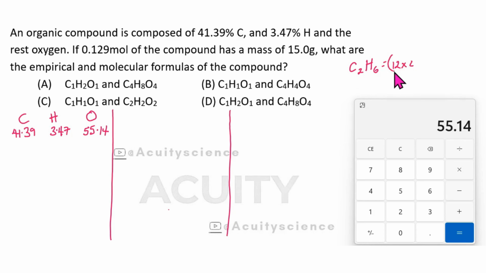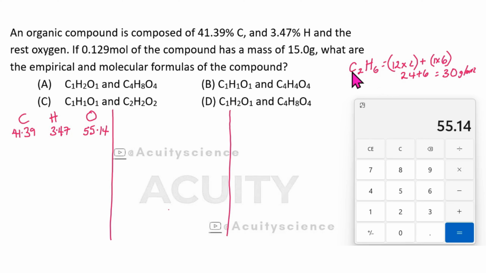Then you add that to the atomic mass of hydrogen, 1, times 6. So you have 24 plus 6 for 30. Now this 30 gram per mole is your 100% by mass, right?